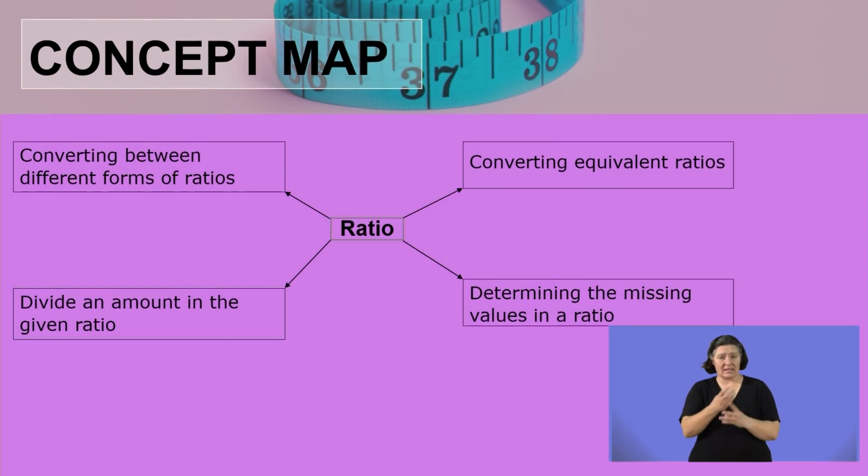To divide the amount in the given ratio, the method is exactly the same. You add the values in a ratio, then you identify the proportion, and you multiply by the sum of money or the sum of values given.